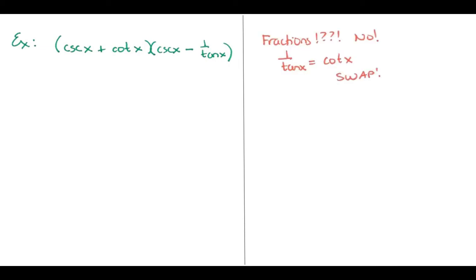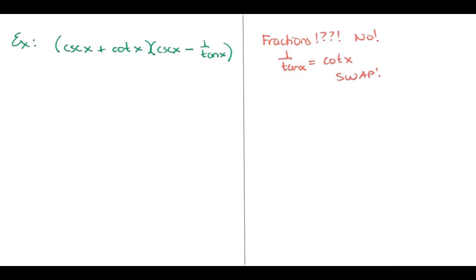So the first thought I had when I saw this problem was, fractions? What? Lots of exclamation points and question marks. Like, seriously? With all of these properties, now you want to throw fractions into the mix? And so I put my foot down and said, absolutely not. I am not dealing with a fraction. So I'm going to swap that fraction out. 1 over tangent x is by definition cotangent.